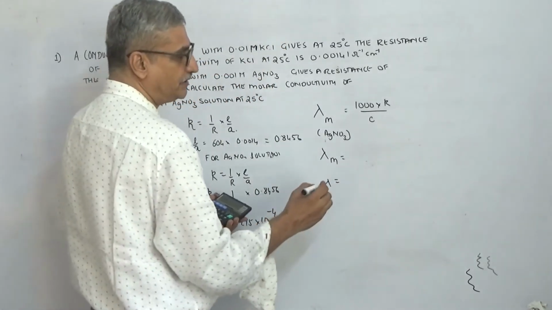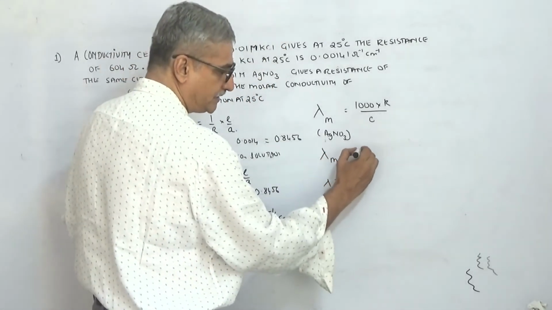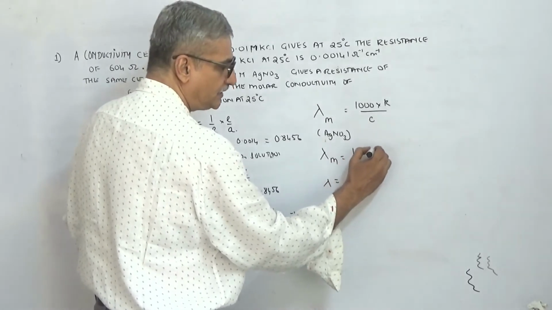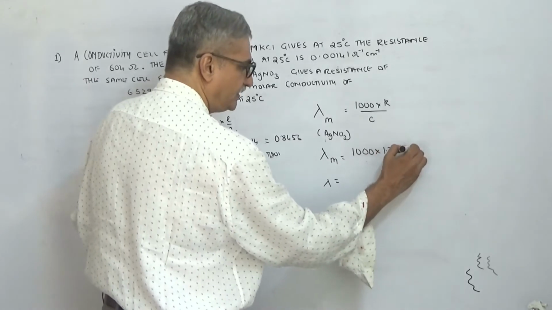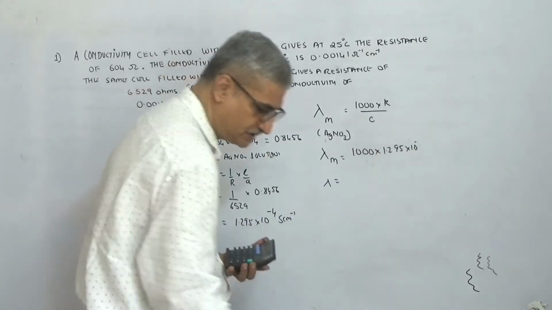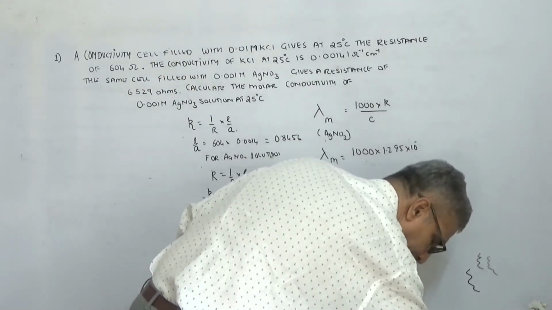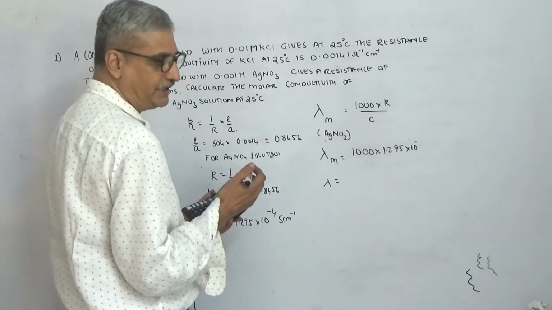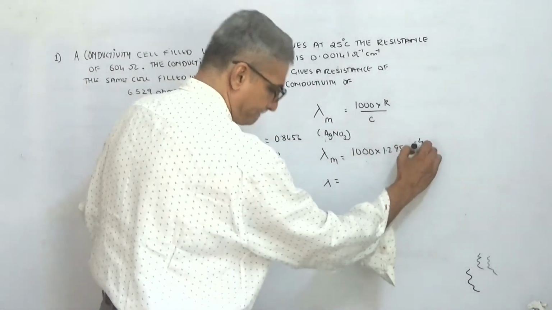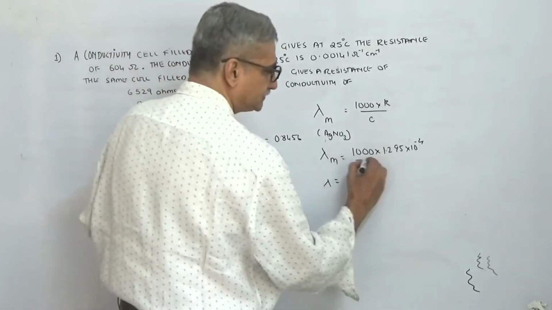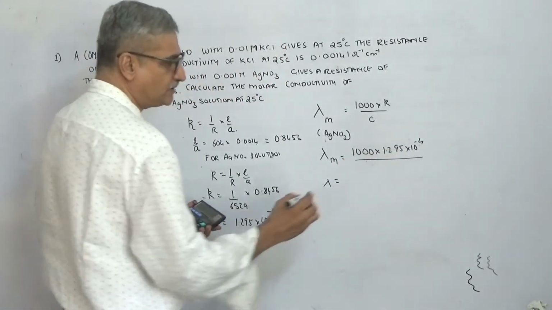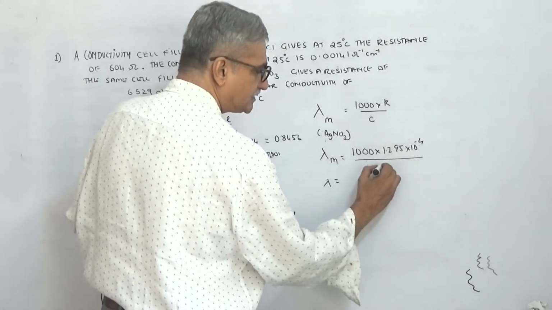So now your molar conductance will be 1000 into 1.295 into 10 raised to minus 4 upon C, the concentration, 10 raised to minus 3.